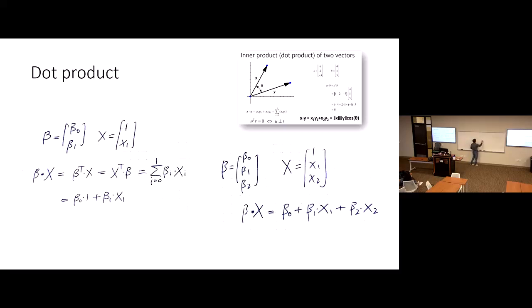This single number equals beta 0 times 1 plus beta 1 times x1. This single number is the y we predict.